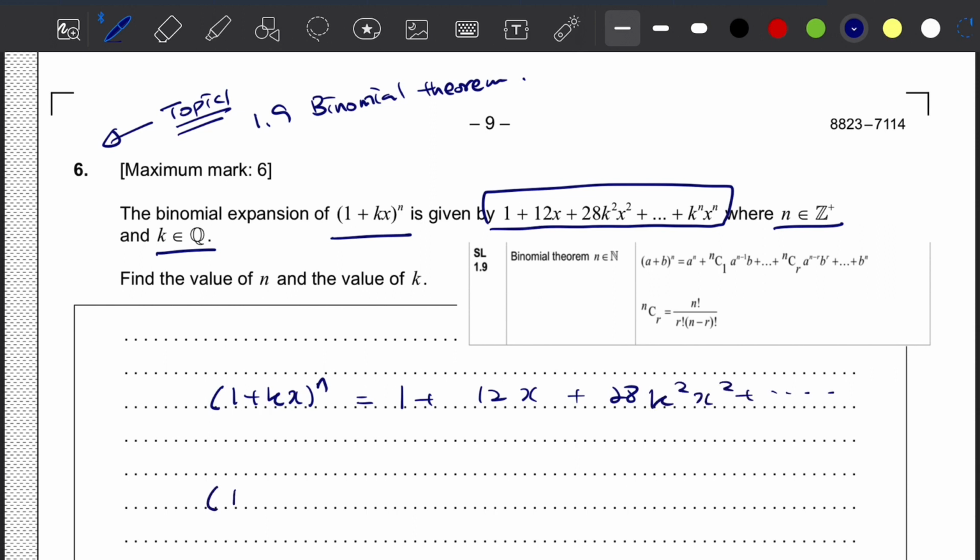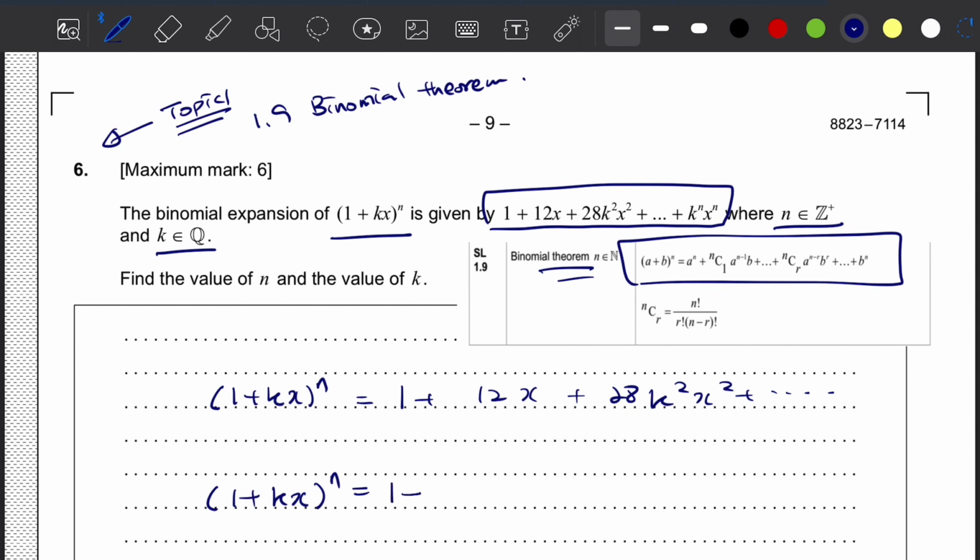However, when we expand 1 plus kx to the power of n using the binomial theorem from your formula booklet, it actually gives us the equation of 1 plus nC1 times k times x plus nC2 times k squared x squared, right? So you can see the difference between these two equations, which means the 12 is the same as nC1 times k.